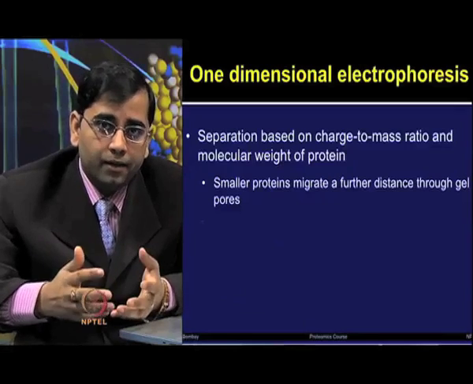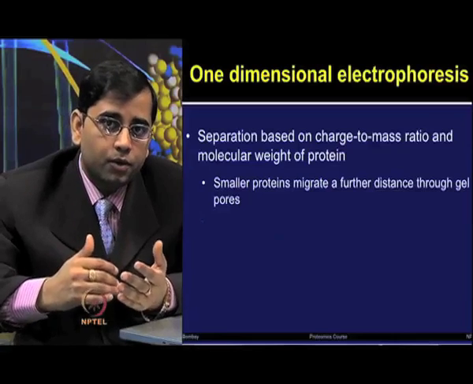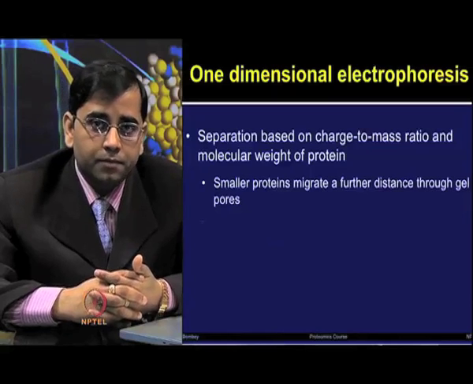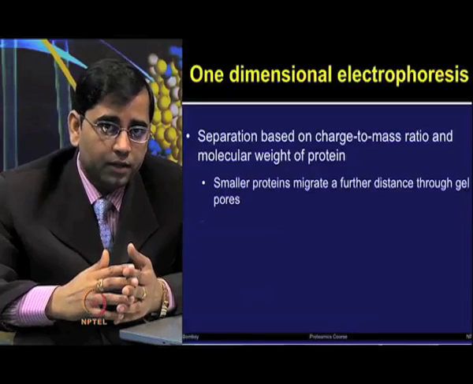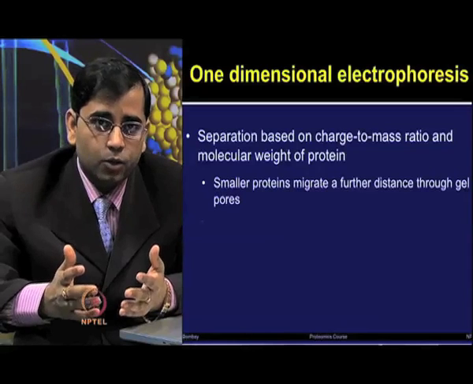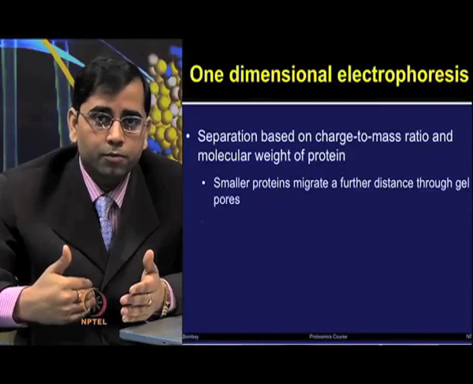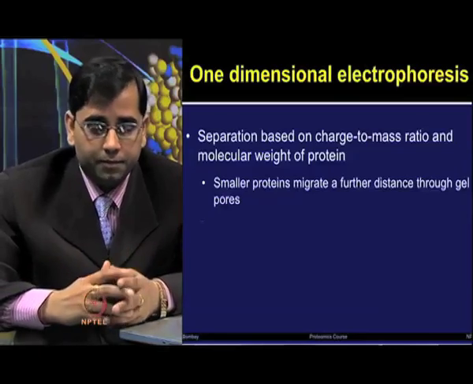So if you apply some standard molecular weight markers, which give you the known molecular weight of the proteins, then for a given unknown protein you can determine the molecular weight, and it is expected that the higher molecular weight proteins will remain on the top, and the smaller molecular weight proteins will reach towards the bottom of the gel.